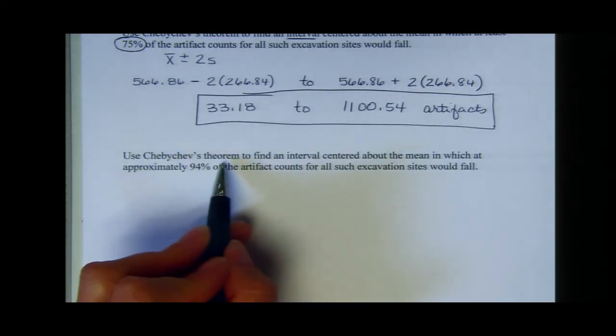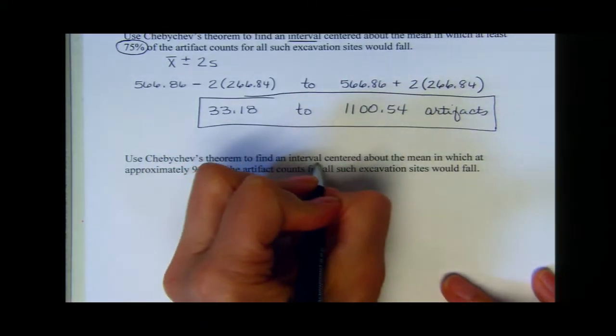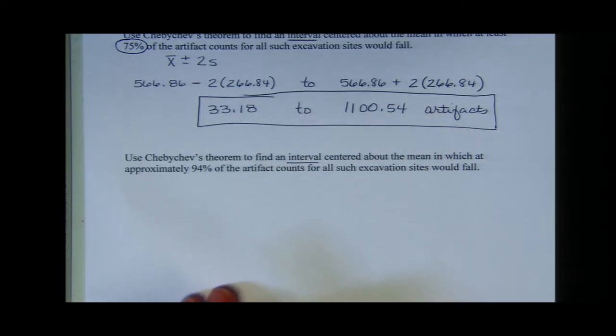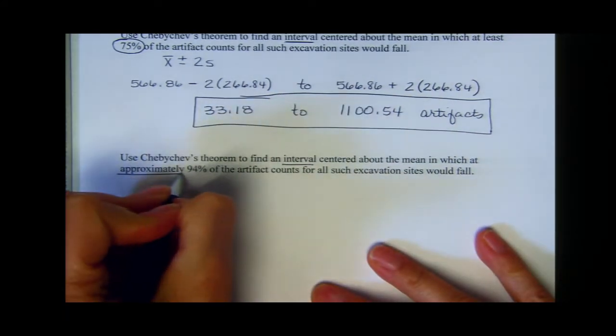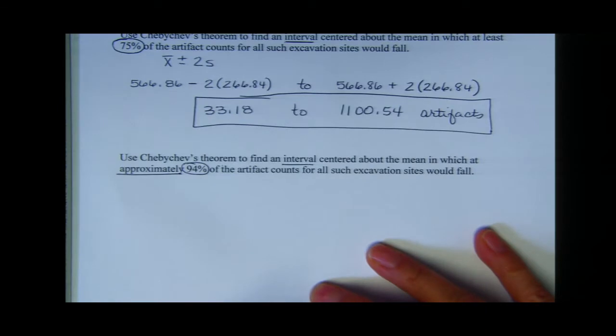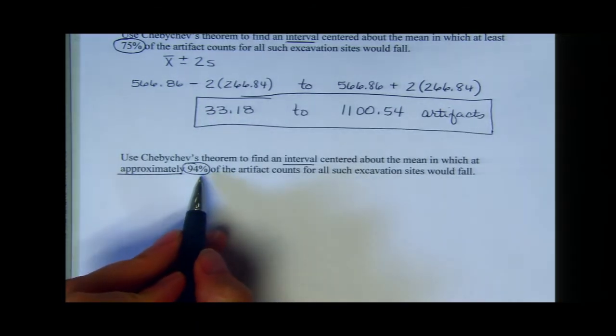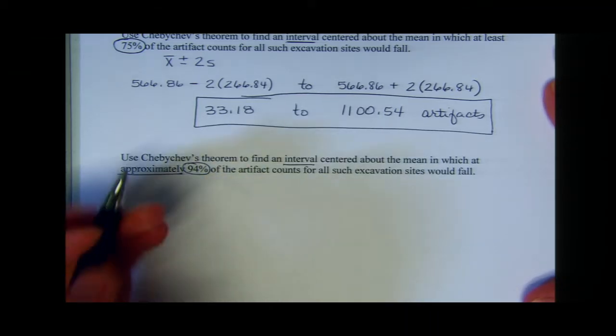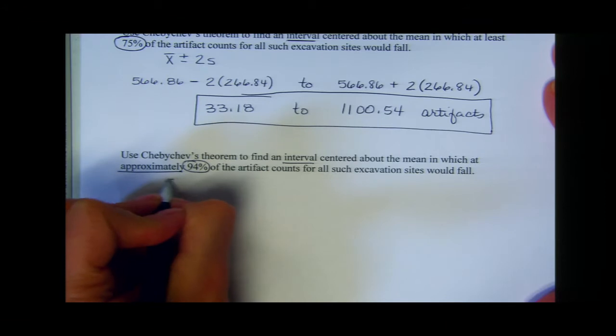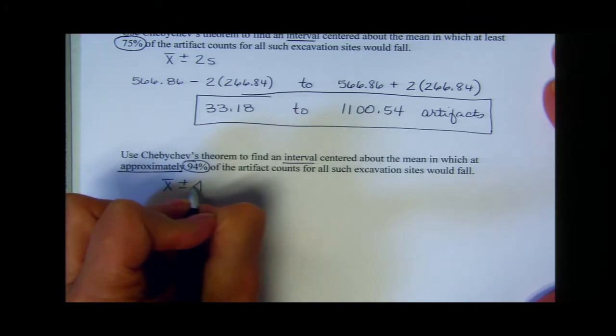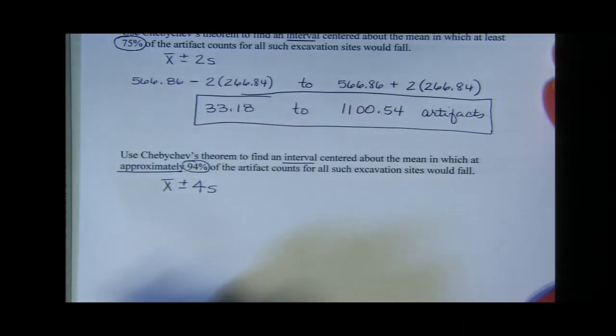Use Chebyshev's theorem to find an interval centered about the mean in which approximately 94%. Now, if you recall on the theorem, there was one that was 93.8%, and that would be approximately 94. So that tells me that we're looking for it to fall within 4 standard deviations.